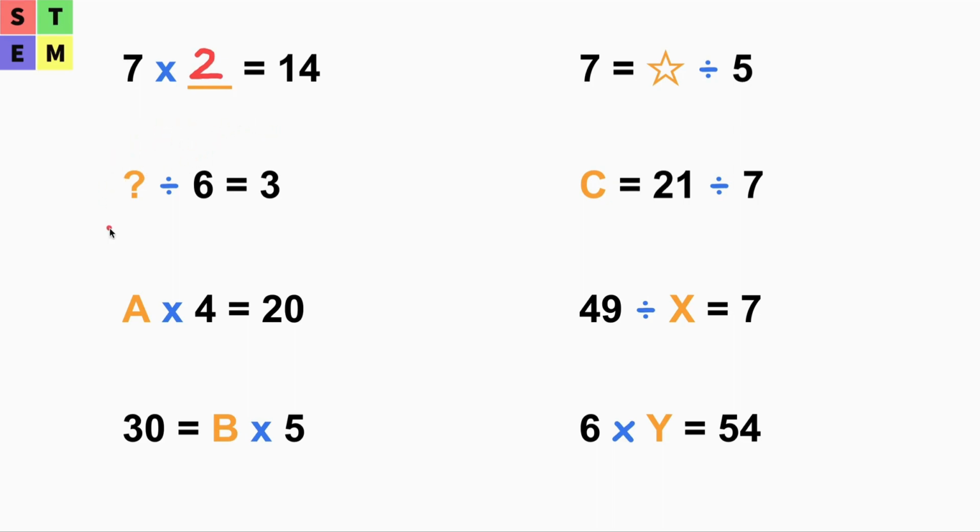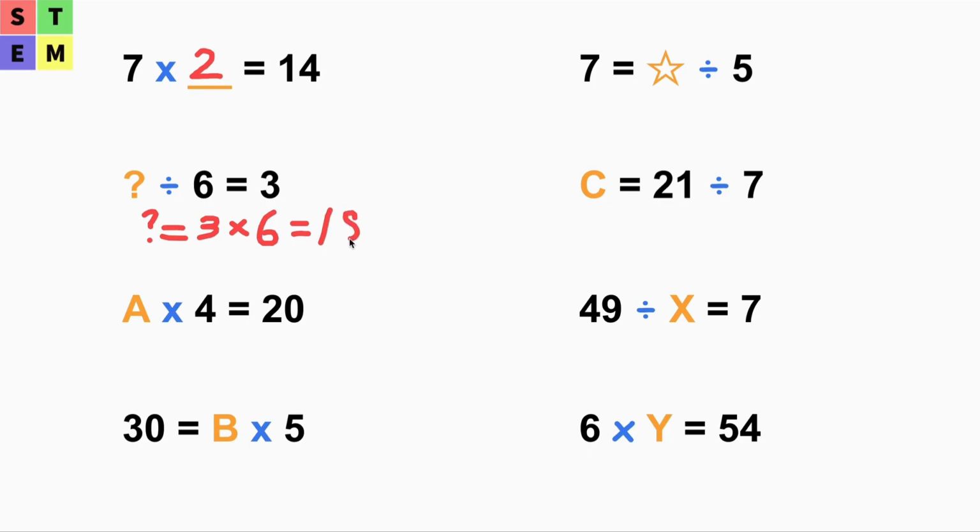Here, the question mark, something divided by 6 equals 3. So the question mark will be equal to 3 times 6. So 3 times 6 is 18, from the multiplication table.